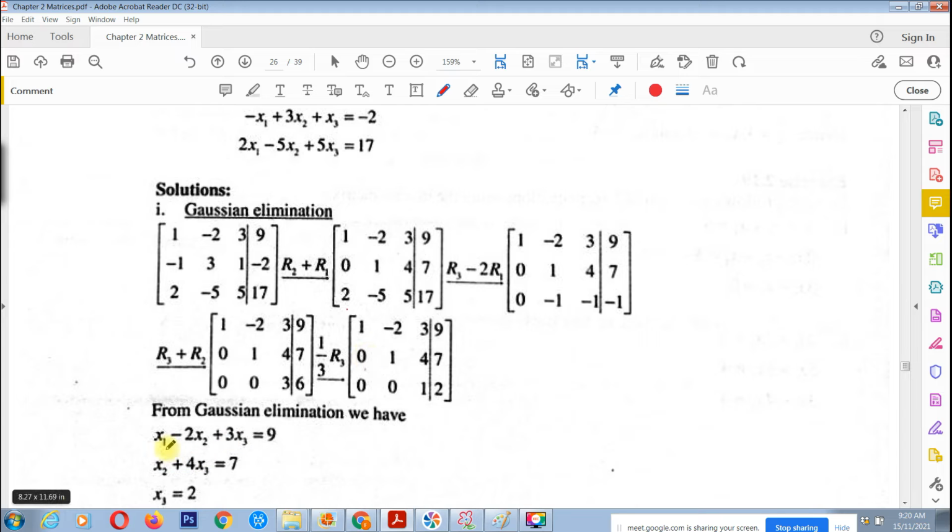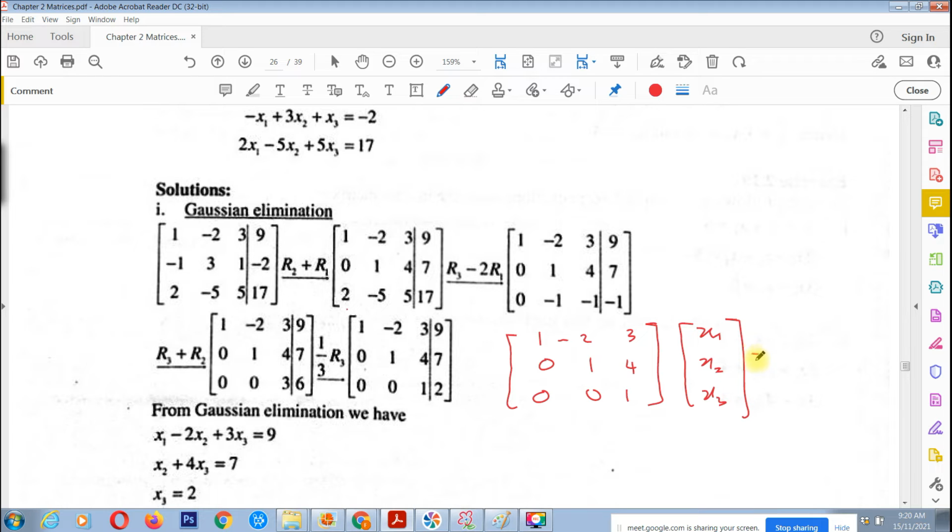In this equation, we have 1, negative 2, 3, 0, 1, 4, 0, 0, 1 times x1, x2, x3 equals 9, 7, 2.